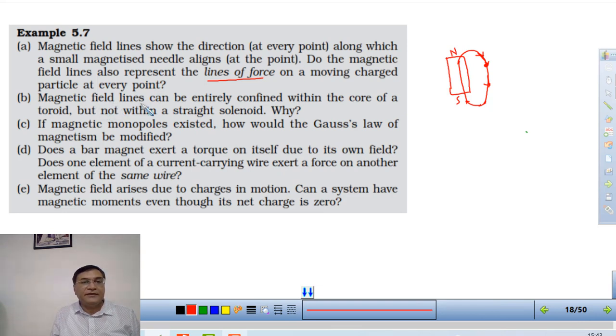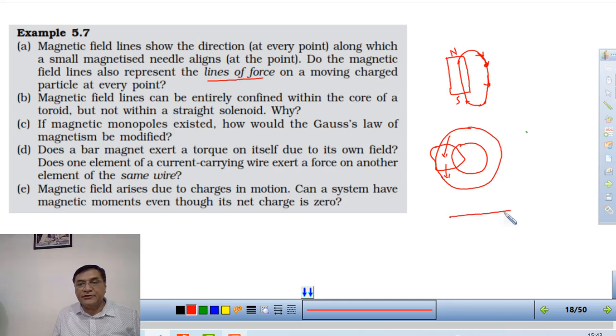For the magnetic field lines of a toroid, suppose this is the toroid. You can take one closed surface. The number of lines entering is the same as the number leaving. So Gauss law is true for a toroid, but not within a straight solenoid. Why?